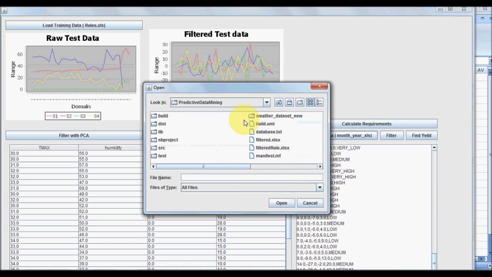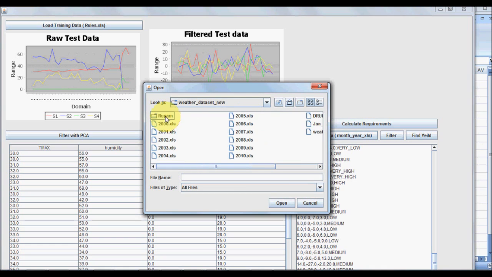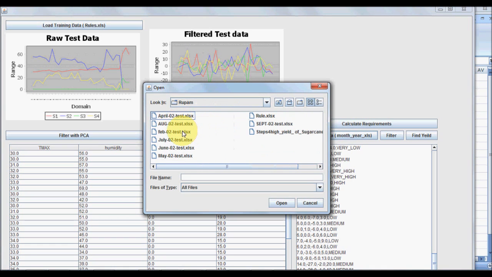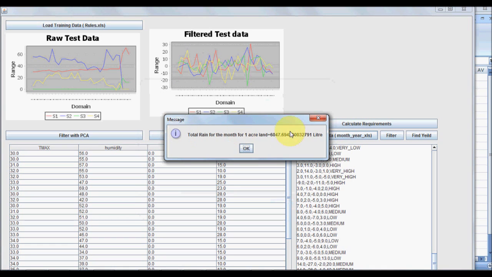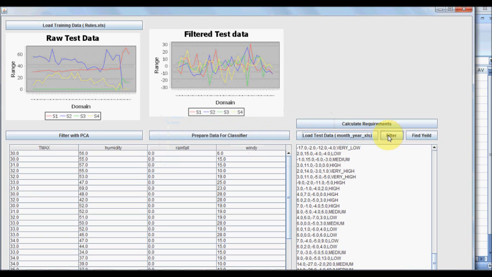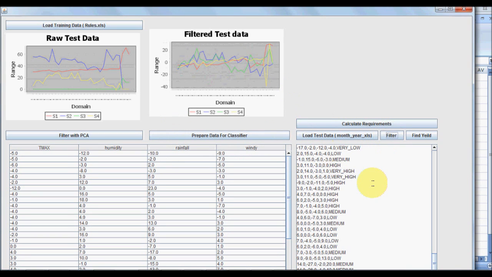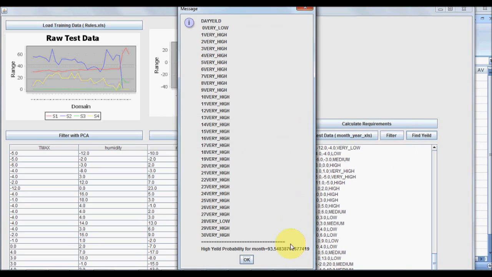The total rainfall of 1 acre of land is predicted over here. Based on that, let's filter the data and then try to find the yield. Once we find the yield, it shows that the sugarcane productivity in the month of February is quite high, as high as about 93%.